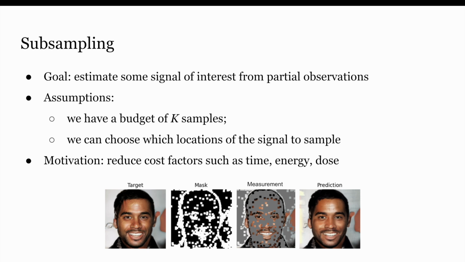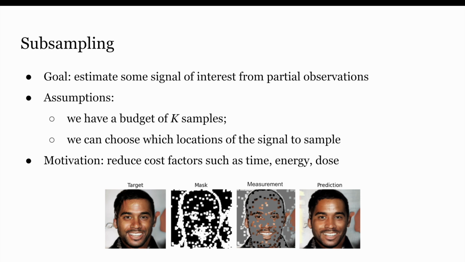And in general, we think about having some budget of samples. So we might be acquiring a quarter of the pixels, or every second measurement of an audio signal or something like that. And for active subsampling in particular, which is what we're doing here, we can assume that we have some choice in how we can subsample the signal.